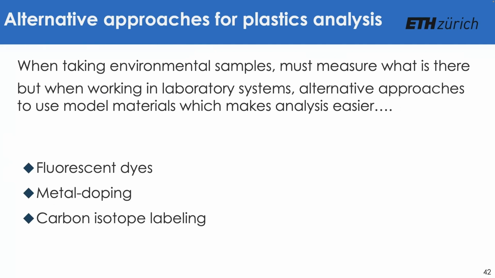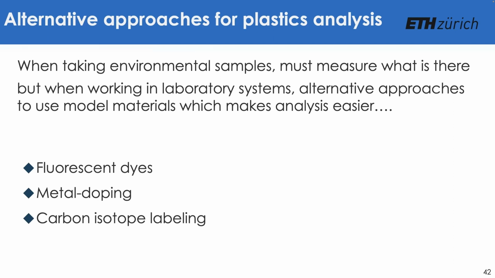I already discussed a little bit about fluorescent dyes. When working in the lab, you can purchase commercially available fluorescent microplastics. But there has been some discussion that sometimes these fluorescent dyes leach out of your microplastics, and so may or may not be appropriate depending on your experimental conditions.